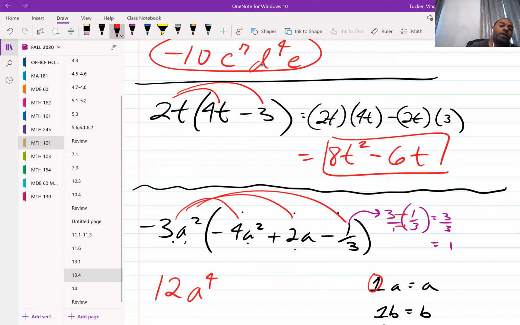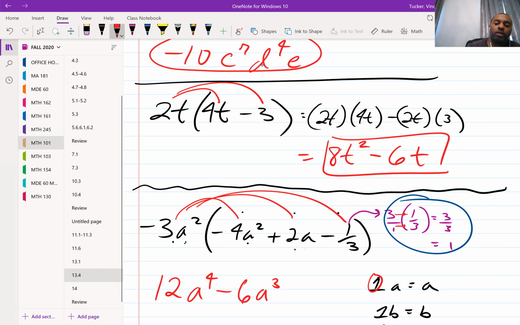Then you have negative 3a squared times 2a. Negative 3 times 2 is negative 6. A squared times a is going to be a cubed. And then negative 3a squared times negative 1/3. Here, just to emphasize the fraction process, negative 3 times negative 1/3 should be 3/3, which will give you 1.